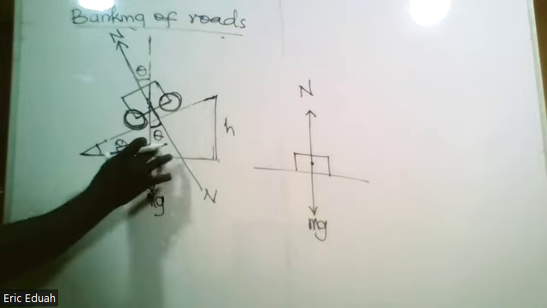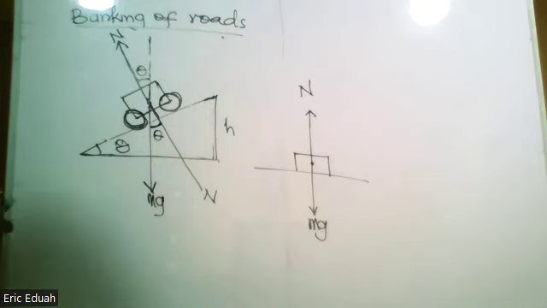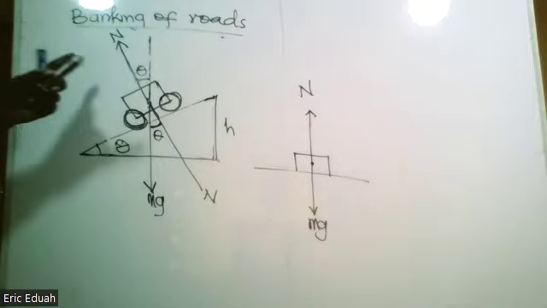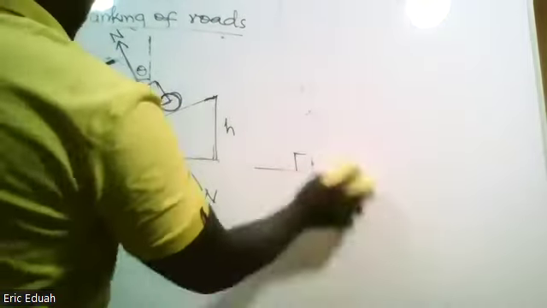So if this is theta, by vertically opposite angle reasons, this will also be theta. So we have this normal reaction tilted at an angle.